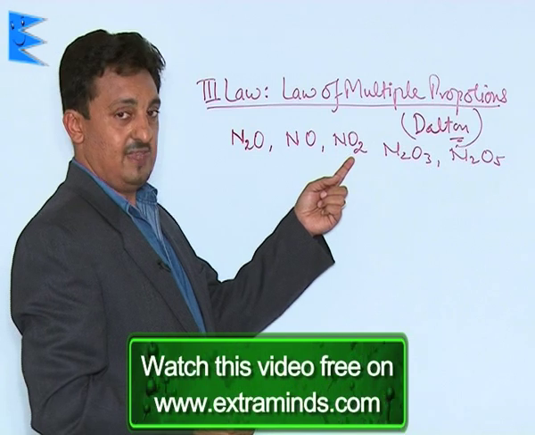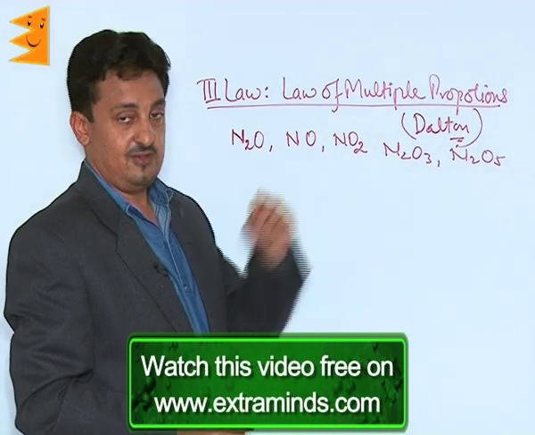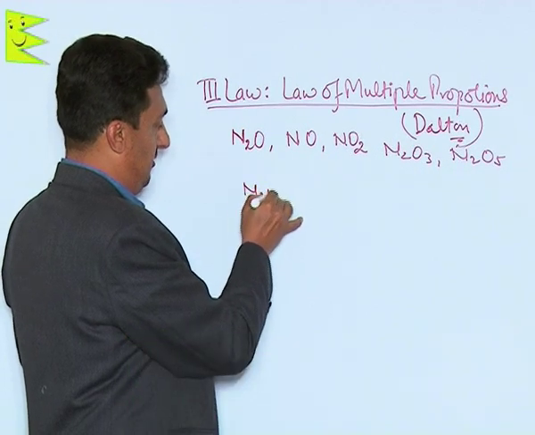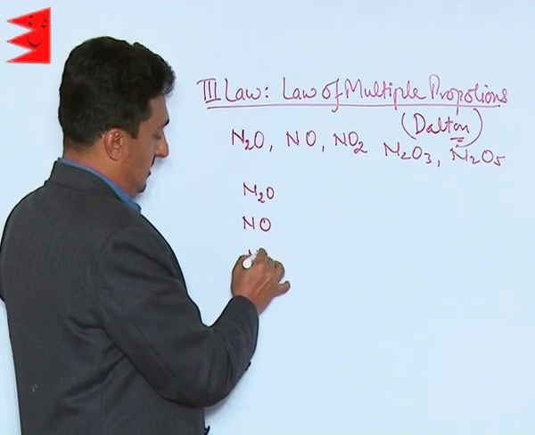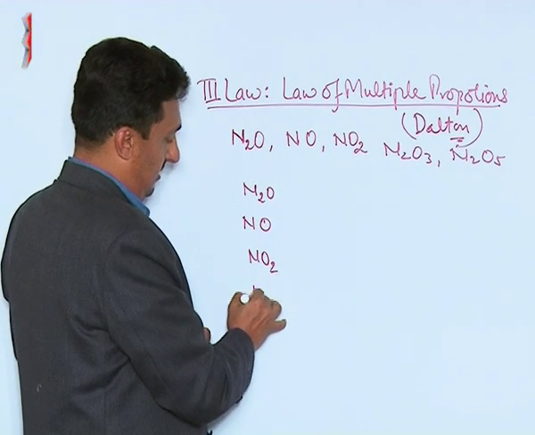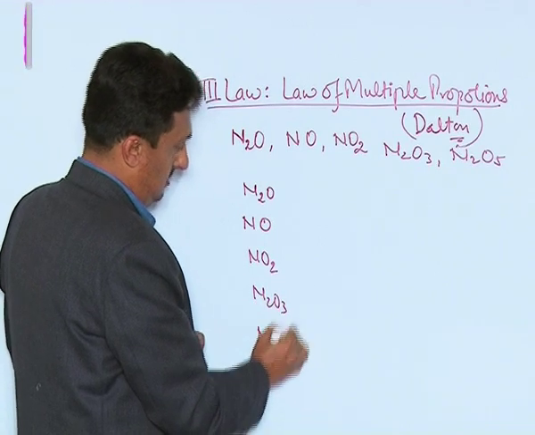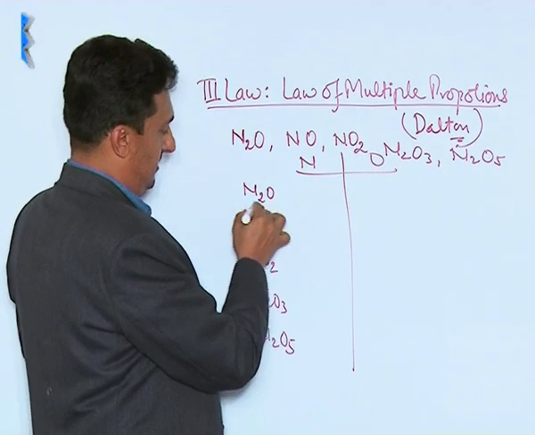Now let us find out the different ratios of nitrogen and oxygen in these. Let us write all these in one line, and write down nitrogen and oxygen like this.